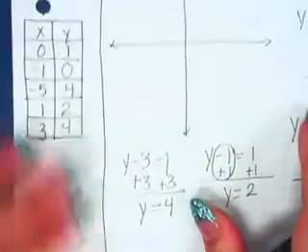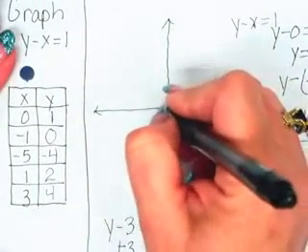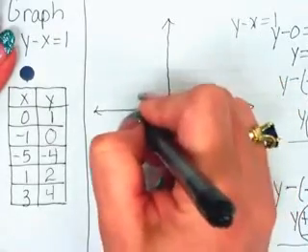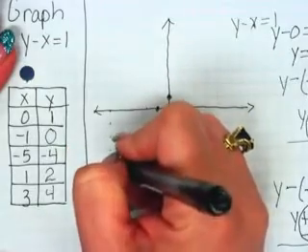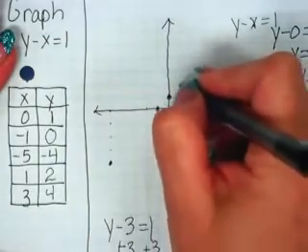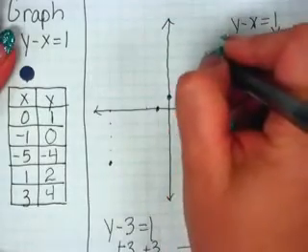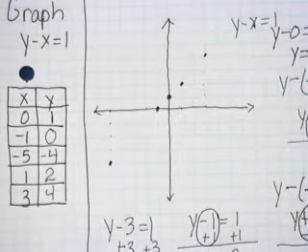Now we're going to graph this. So we have a (0, 1), a (negative 1, 0). We have a (negative 5, negative 4): over 5, down 1, 2, 3, 4. We have a (1, 2), and we have a (3, 4). Now what you should see is that it is a line. They should all be lined up.